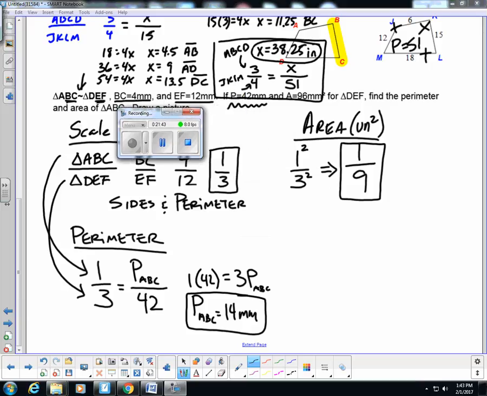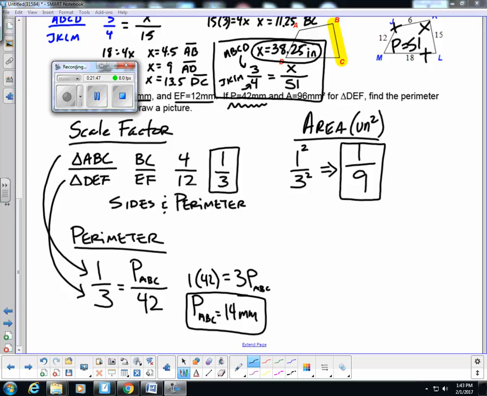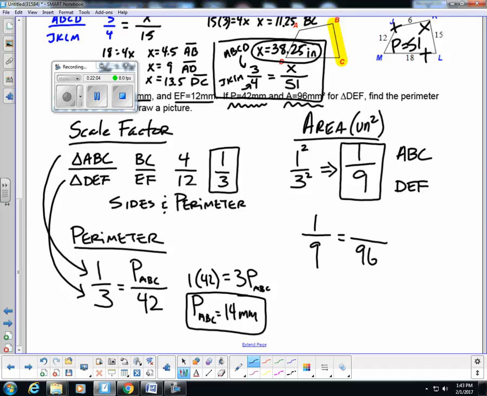A little bit different than the scale factor for perimeter. You got to square both. But the order's the same. ABC is still up here. DEF is still down here. So if I want to figure out the area of ABC, I know the area of DEF, it's 96. And then I'm going to figure out the area of ABC.